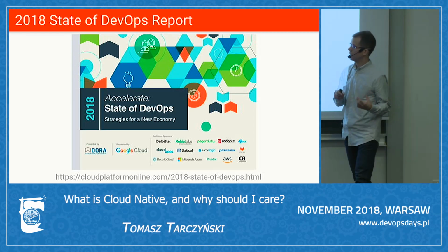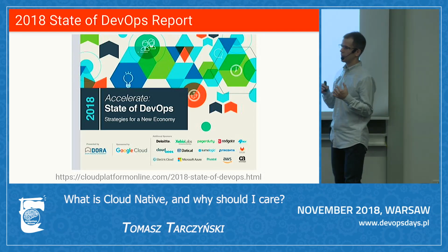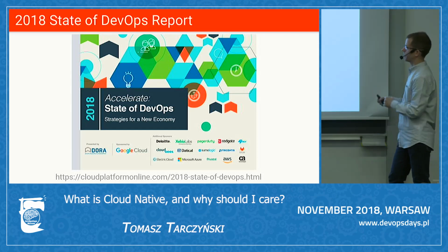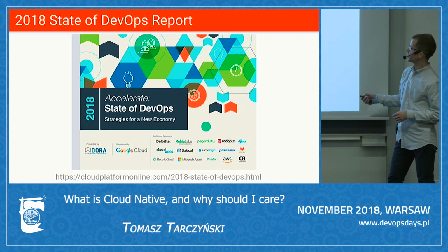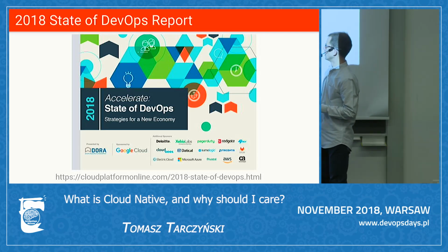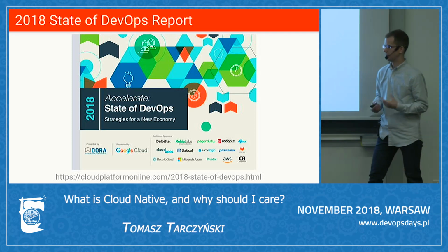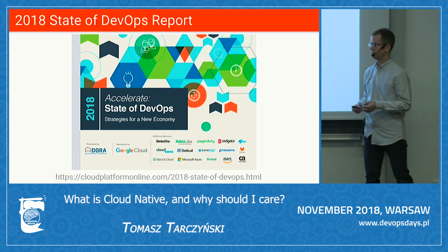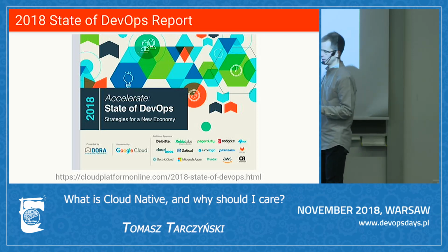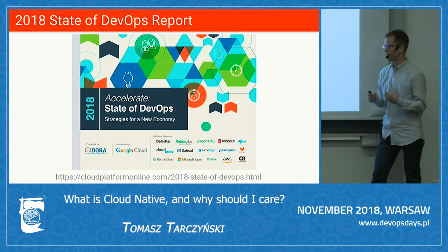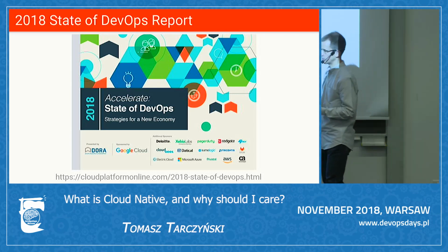If you are interested in those kinds of metrics to see how different companies are performing, I really recommend the State of DevOps report from 2018, the newest one. It's a study based on 5 years of surveying. They've got about 30,000 responses from technical professionals worldwide.